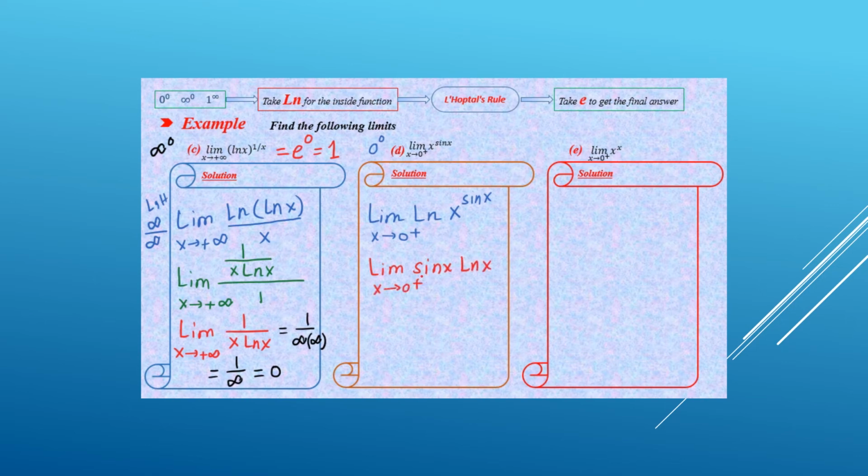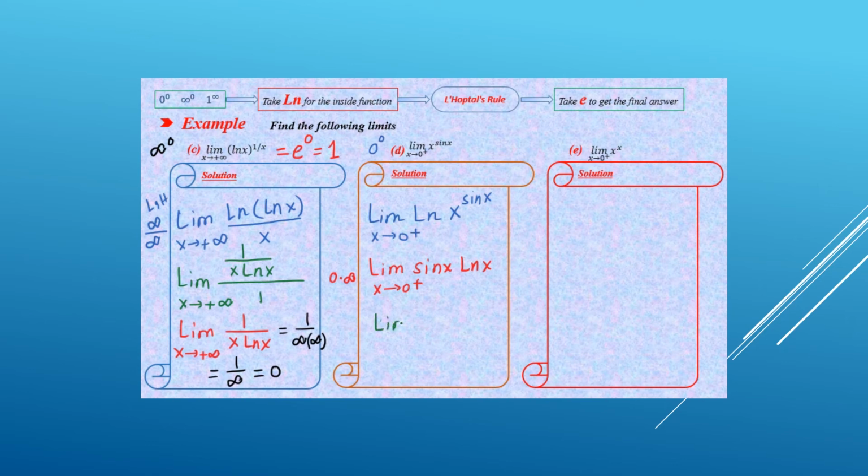By direct substitution, sine of 0 equals 0 multiplied by ln of 0 from the right, which equals negative infinity. So we also have an indeterminate form, so you have to convert it to 0 over 0 or infinity over infinity. It depends on the question.